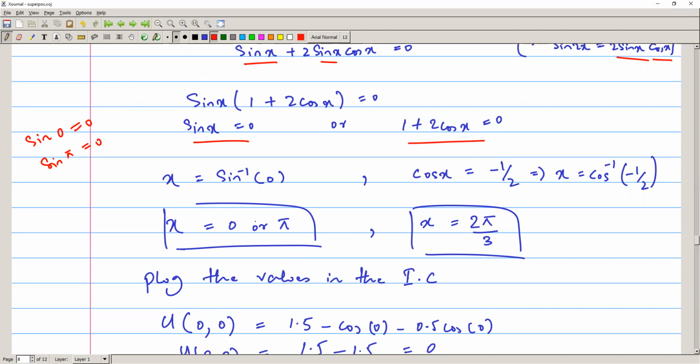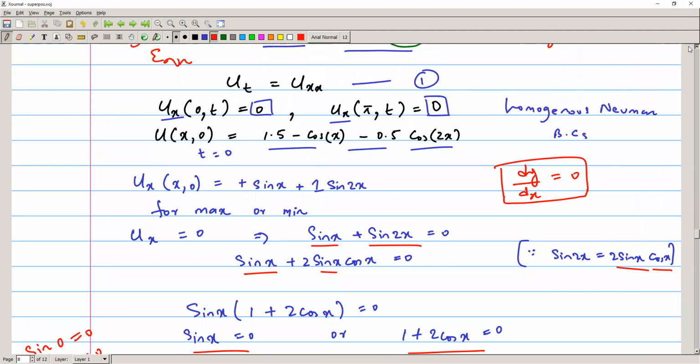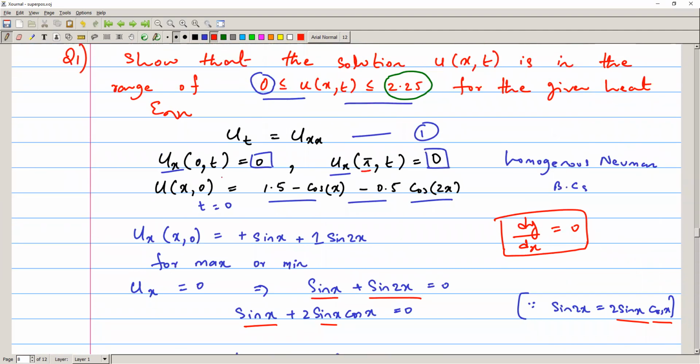So we'll consider both 0 and pi, because we know that x is in the range of 0 to pi. You can see from the boundary conditions that the boundaries are from 0 to pi.